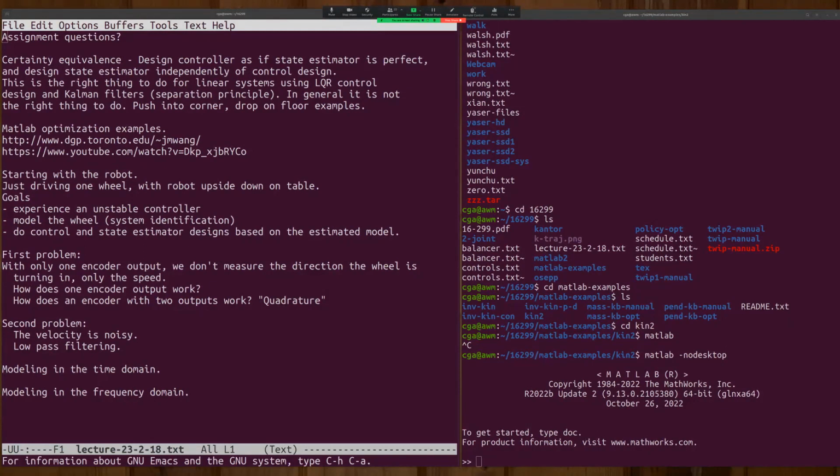And it turns out that for linear systems, when you're doing LQR control and something like a Kalman filter, it's perfectly okay to design the controller and the state estimator separately. And the reason for that is that the Kalman filter doesn't pay any attention to the control signals.